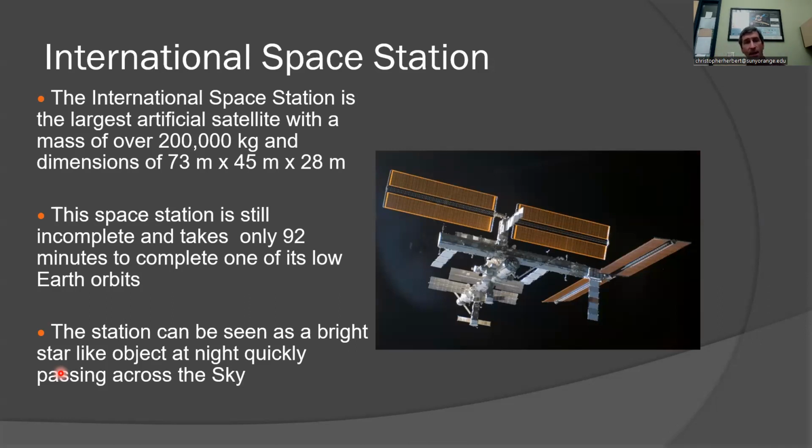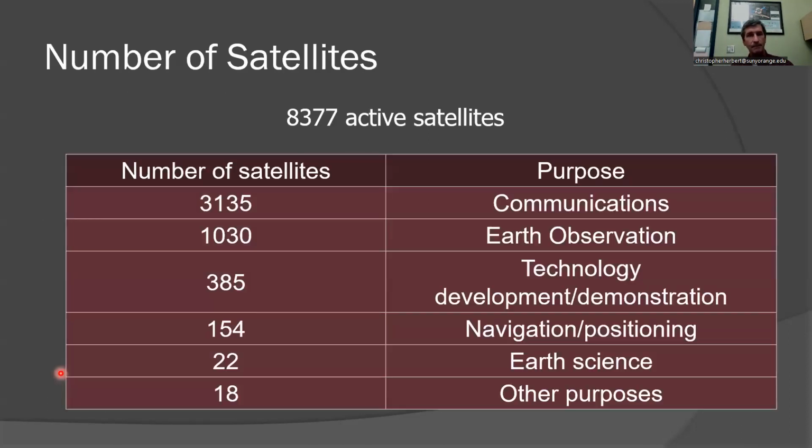But it takes about 92 minutes to complete one Earth orbit. And there are actually websites where you can watch the space station go overhead during the nighttime. It looks like a bright star as it makes its way overhead.